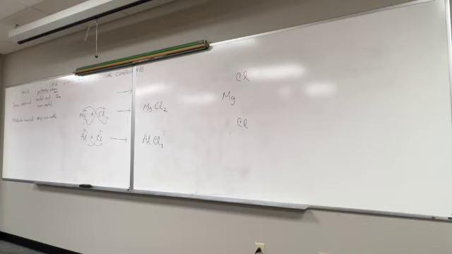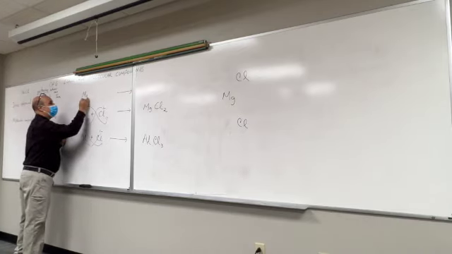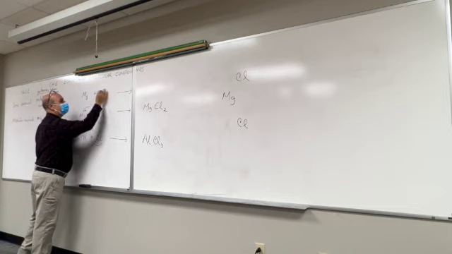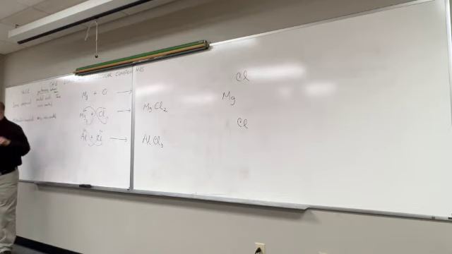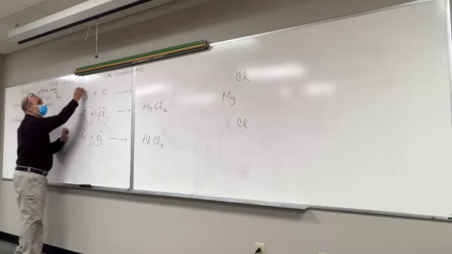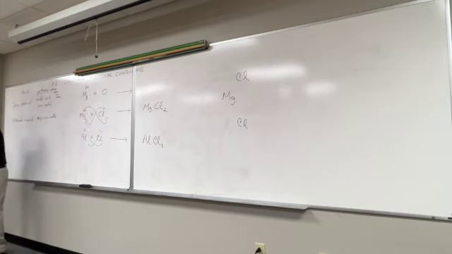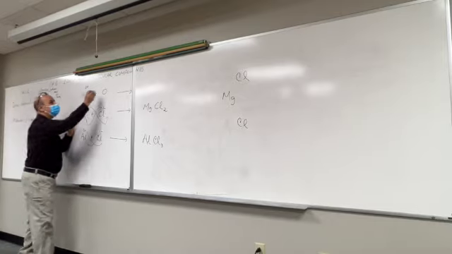magnesium with oxygen. So we're going to put magnesium here, and we're going to combine it with oxygen. Before predicting the formula, let's put the charges. Magnesium group 2, 2 plus. Oxygen, 2 minus, because it's in group 16, so it needs 2 electrons, so it's going to be 2 minus.